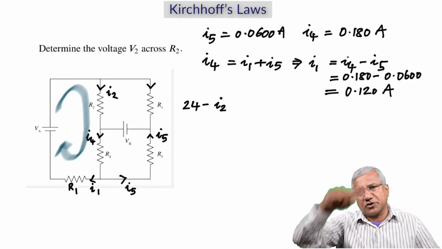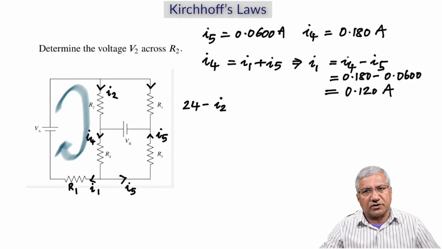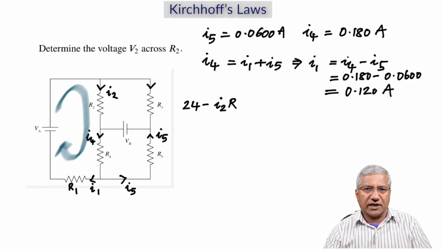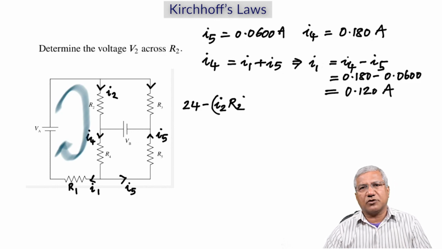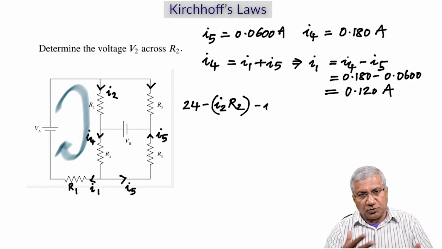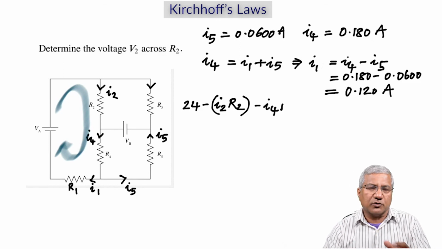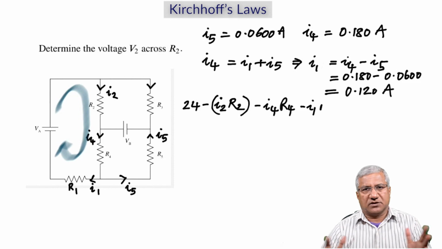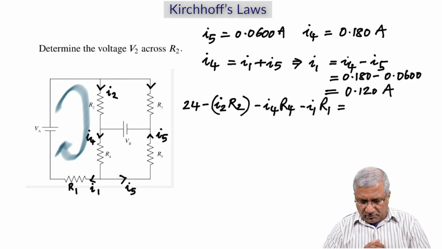It's pretty easy because we are flowing in the direction of the currents. So each one of them is going to be negative, right? And so you get 24 minus I2R2. Actually, we're looking for I2R2, which is V2. Minus I4R4 minus I1R1 is 0.